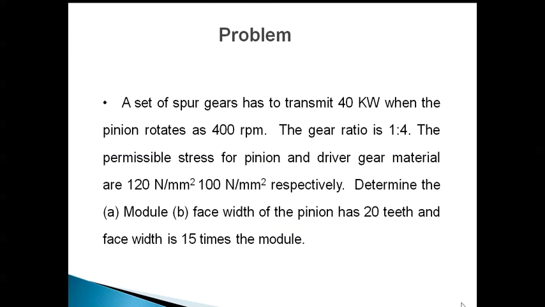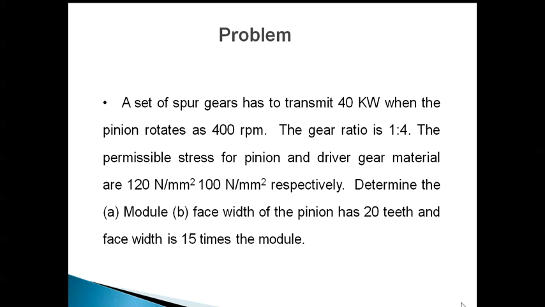So here we can see one problem. A set of spur gears has to transmit 40 kilowatt when the pinion rotates at 400 rpm. The gear ratio is 1 is to 4. The permissible stresses for the pinion and gear materials are 120 Newton per mm square and 100 Newton per mm square respectively.